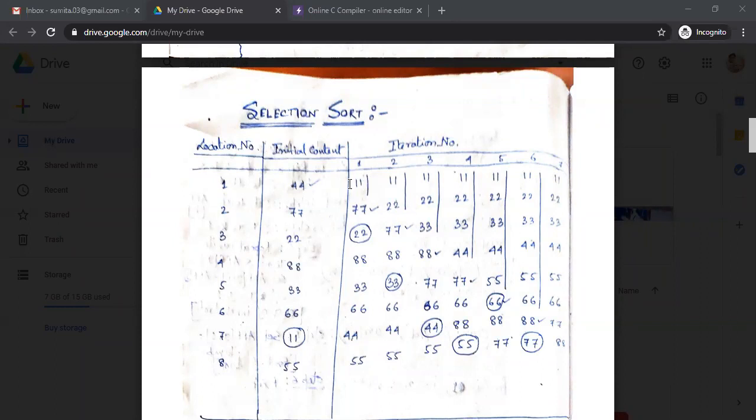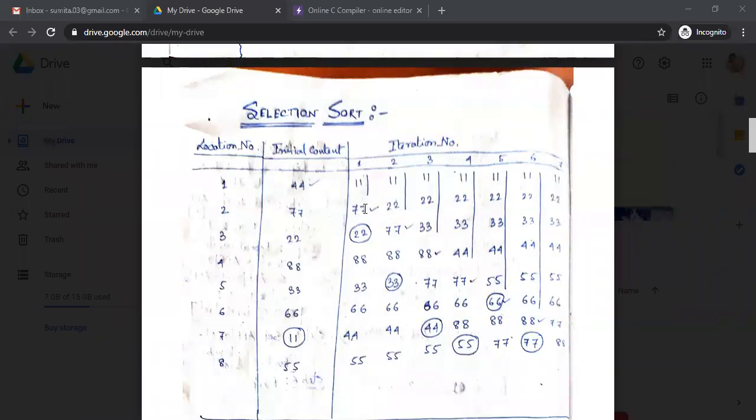I'm not talking about the first element, but the first position. So I'm not bothered about this position right now. I'm bothered about this position. So in iteration 2, we take the value of ARR1. ARR0 is already processed.